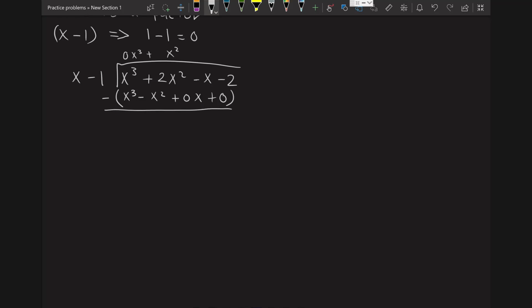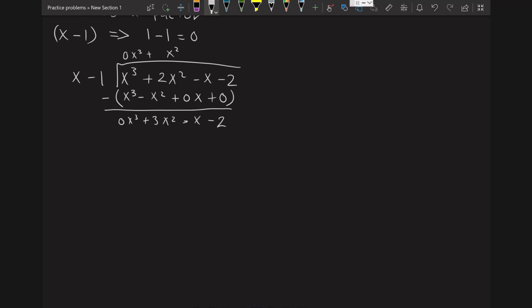X cubed minus x cubed is 0x cubed, and then 2x squared minus negative x squared is 3x squared, negative x, and then those would just stay the same, so minus x minus 2.